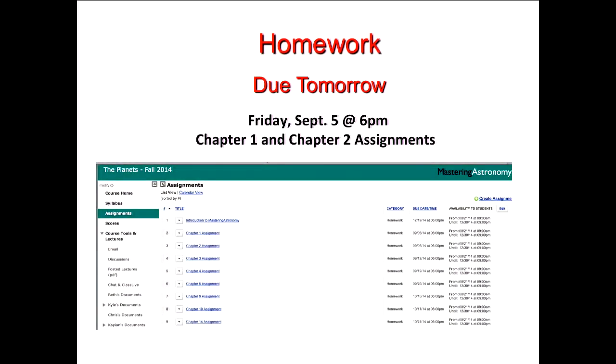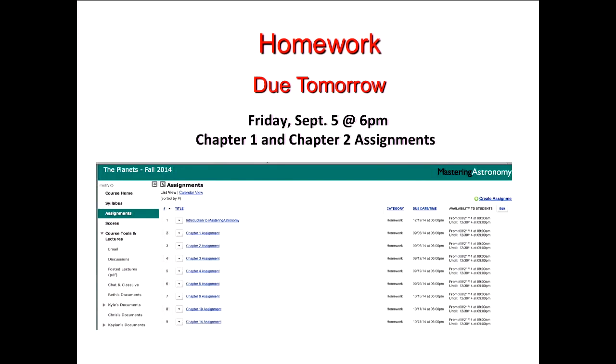Let me first mention one thing, which is homework. There is the first homework assignment due tomorrow at 6 p.m. And of course, almost all of you have already started it, I know. To remind you, it's all on Mastering Astronomy. If you somehow or other have not registered for Mastering Astronomy, you need to do so. I'll remind you, if somehow you don't have your access code, you get a 1-week reprieve.